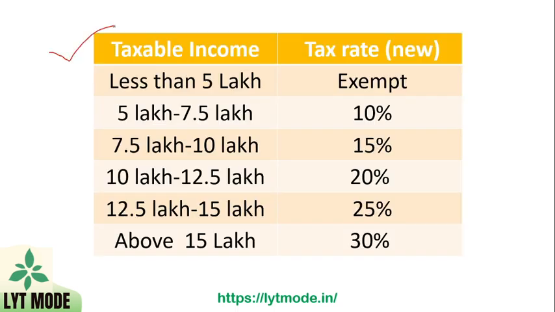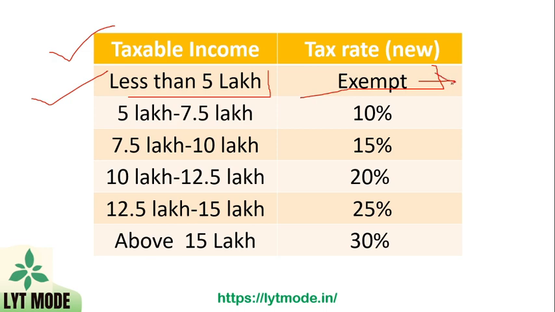This is the new tax regime which was introduced in Budget 2020-21. Income up to 5 lakh will now be exempted, meaning there will be no tax till 5 lakh income. Earlier the exempted limit was 2.5 lakh, but now it is increased to 5 lakh.